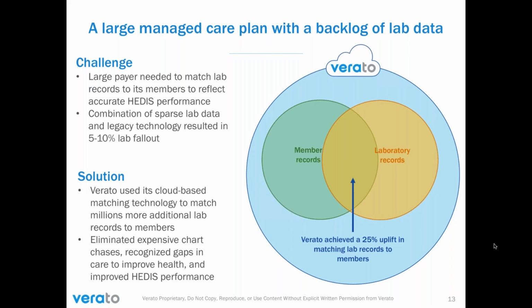And this has massive implications on the organization. Never mind the fact that you're finding more matches. What it ultimately means is you're improving and getting a more accurate picture of your healthcare quality of care reporting.